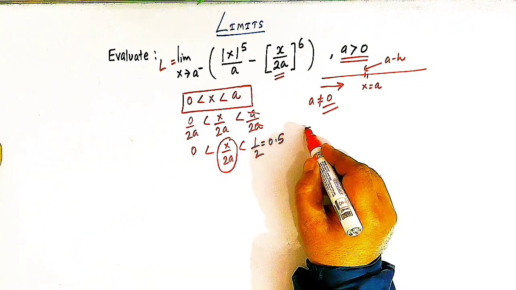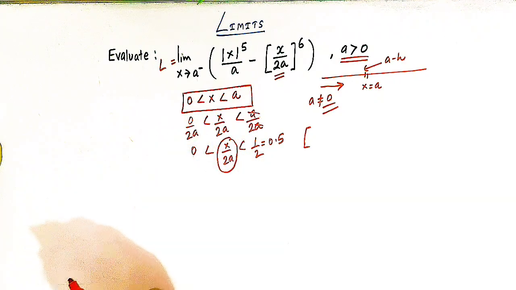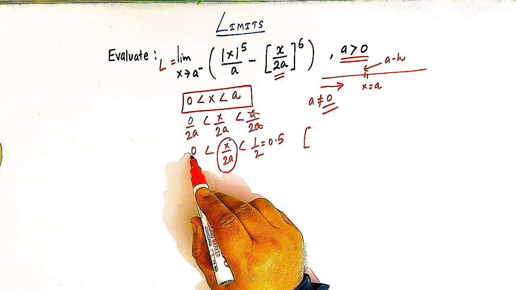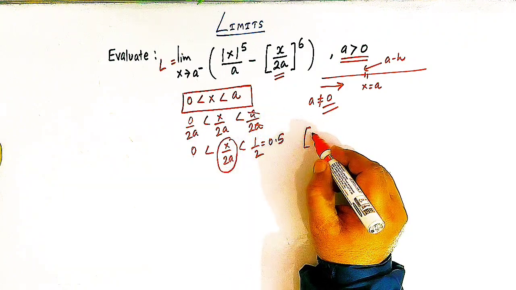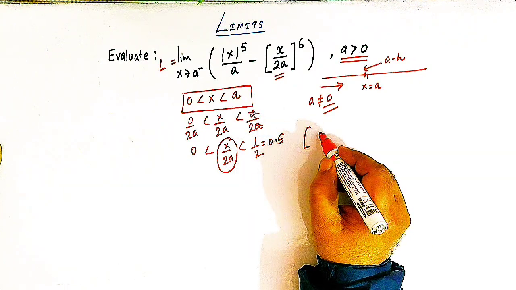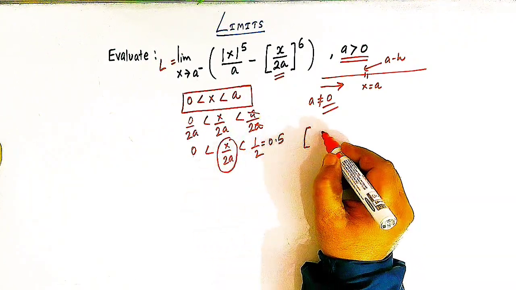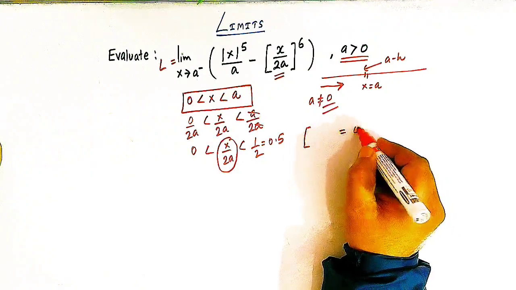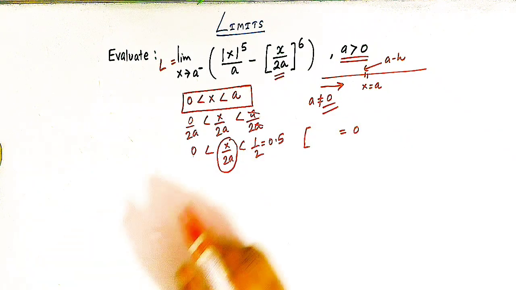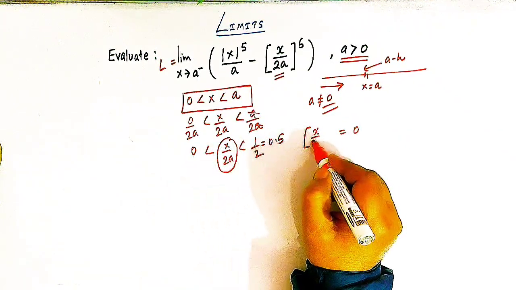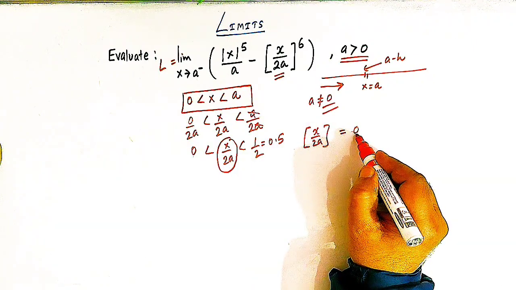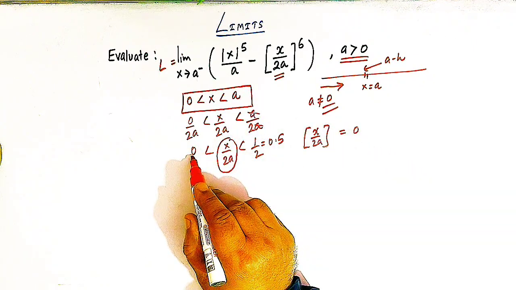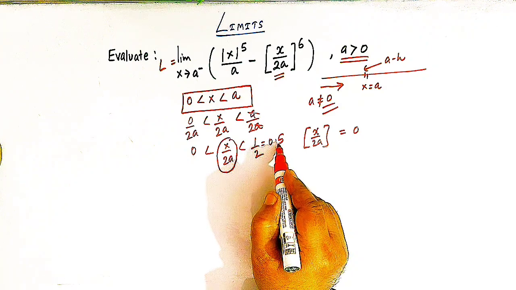So by the definition of greatest integer function, if any number lies between 0 and 0.5, then the greatest integer less than or equal to this number is 0. So the greatest integer of x over 2a is equal to 0, because it lies between 0 and 0.5.